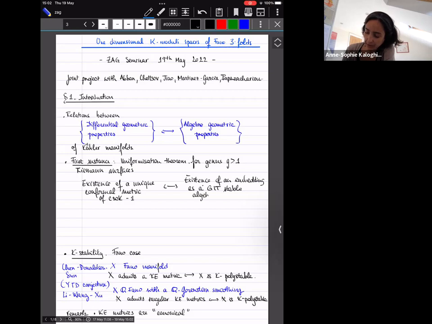And what's more is that this correspondence also extends to a correspondence between the constructions of compactifications of moduli spaces.